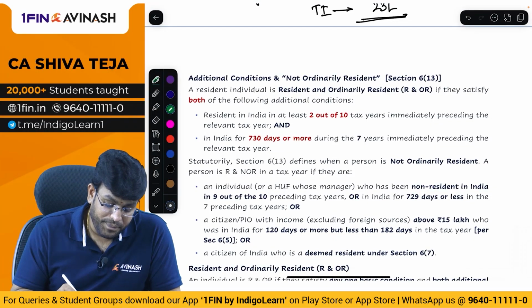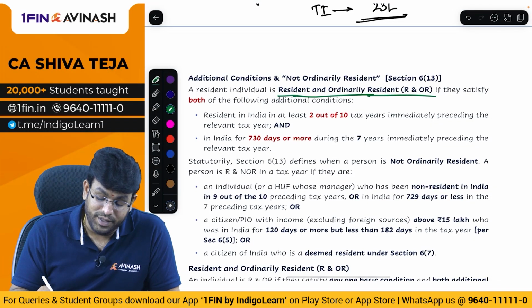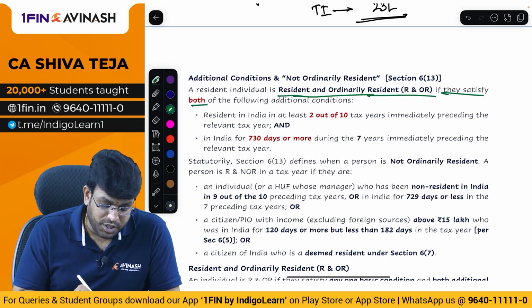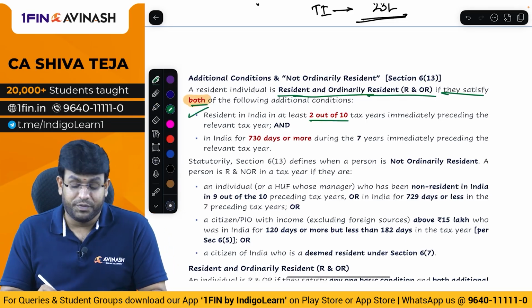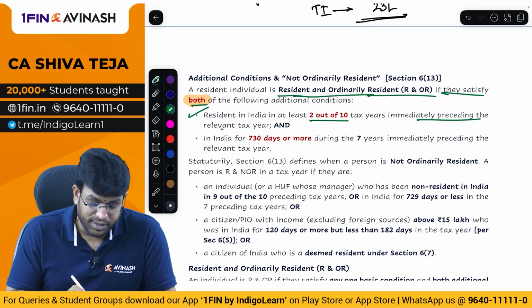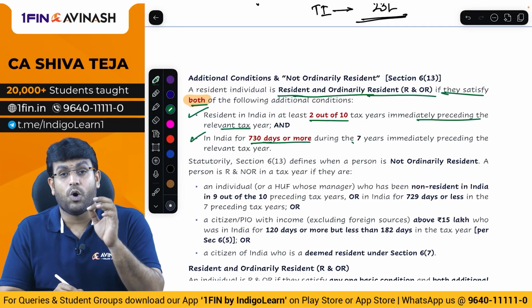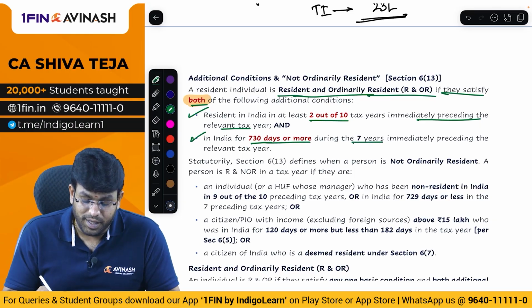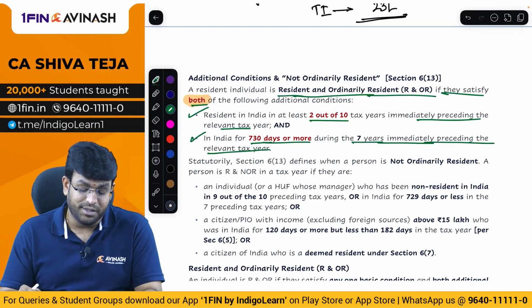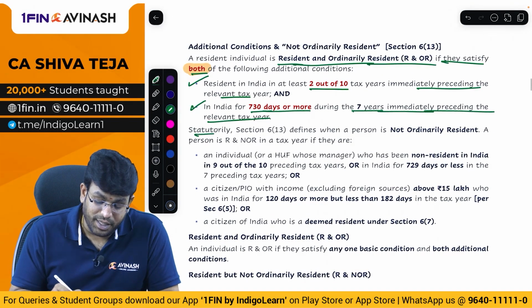See here. An individual is ROR if they satisfy both additional conditions as I told. Number 1, resident in at least 2 out of 10 tax years immediately preceding the relevant tax year. Number 2, he is in India for 730 days or more during the 7 years immediately preceding the relevant tax year. And statutorily, 6(6) says what?